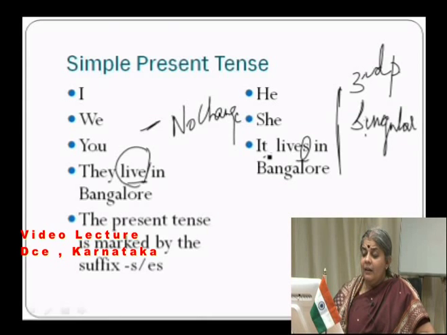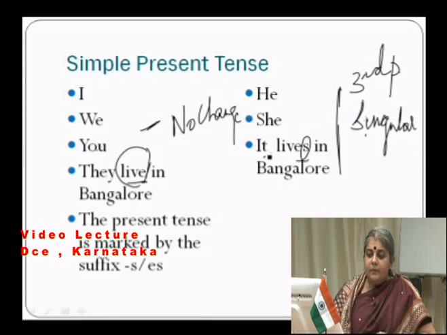Then you see the suffix -s is marked here to show what? The present tense. Now, having understood the present tense, we shouldn't stop here. We should try to know when to use the present tense. Let us do a quick recap of the present tense form here.